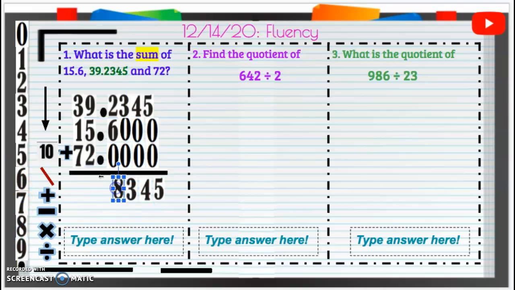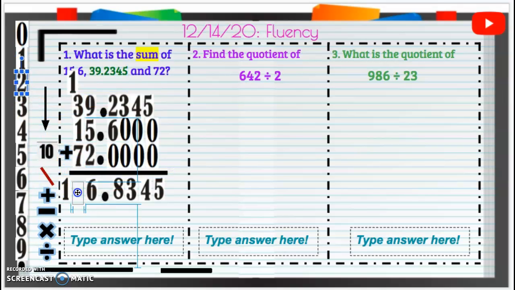What do I do with that decimal? Drop it like it's hot. Let's see. 9 plus 5 is 14, 15, 16. I'm going to carry the 1, drop the 6. And then I have 7, 8, 9, 10, 11, 12.